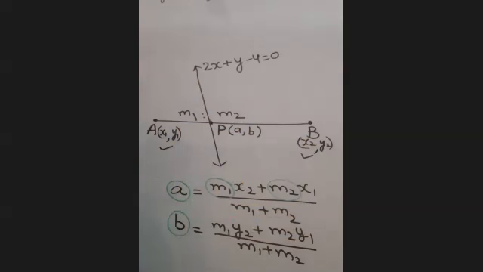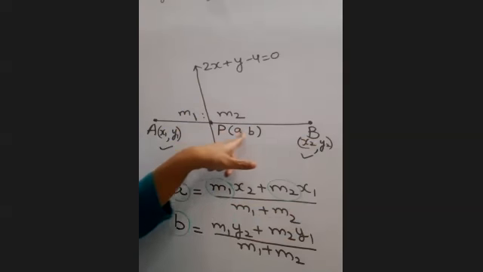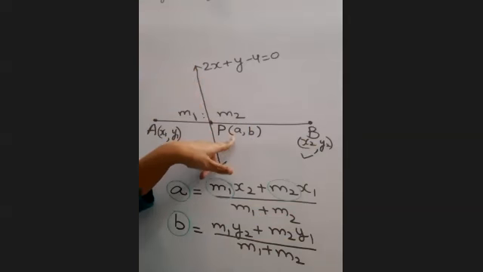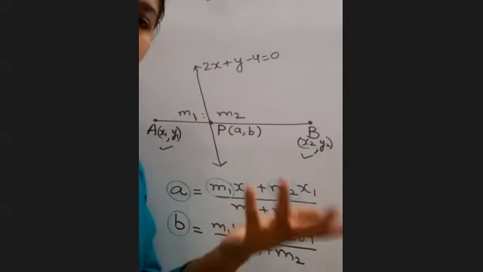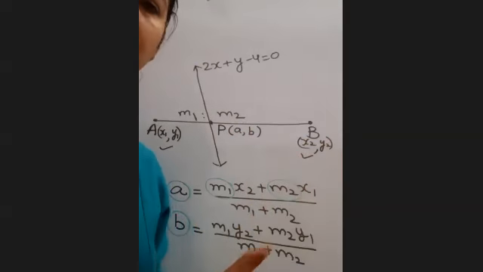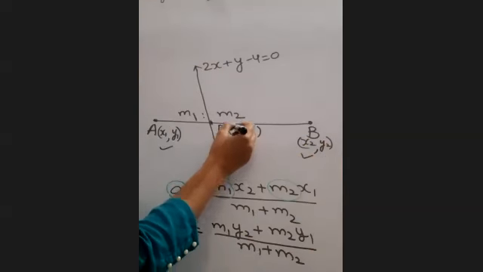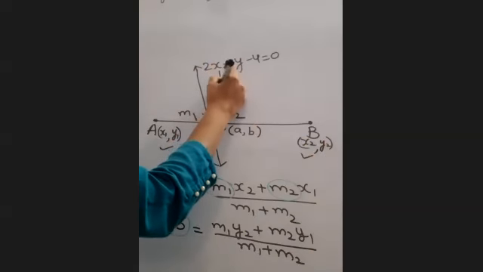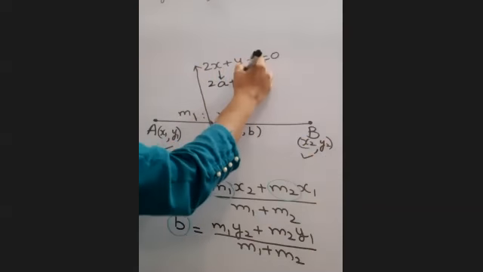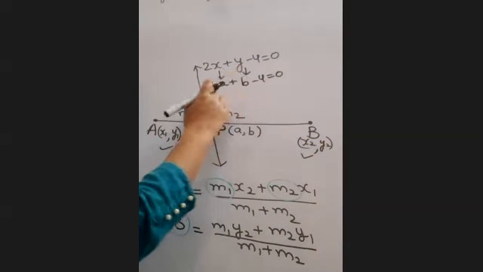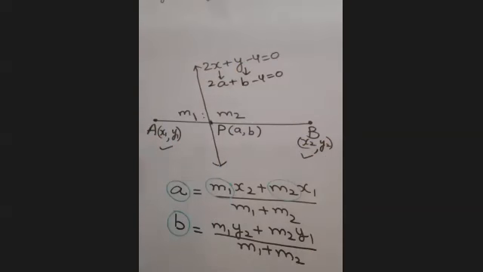And if P(a, b) is lying on this line, does it mean that it must be a solution of this line? Yes, ma'am. Any point on the line is its solution. And by saying solution, it means if I take a in place of x, and if I take b in place of y, it must be 0. This must satisfy the equation.